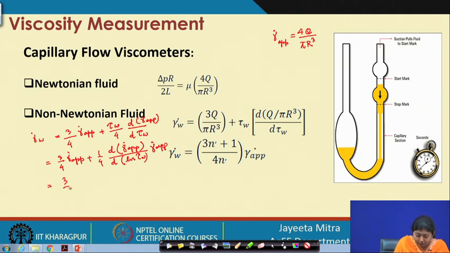Taking gamma dot apparent common, we can find 1 by 4 into d of ln gamma dot apparent divided by d of ln tau w.